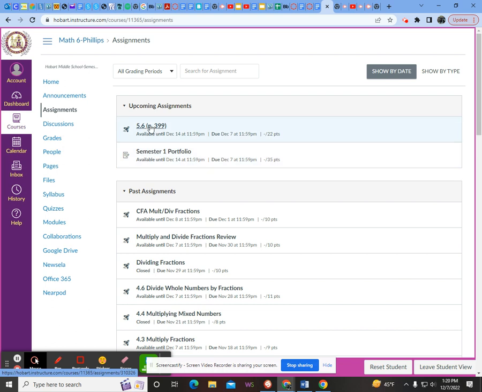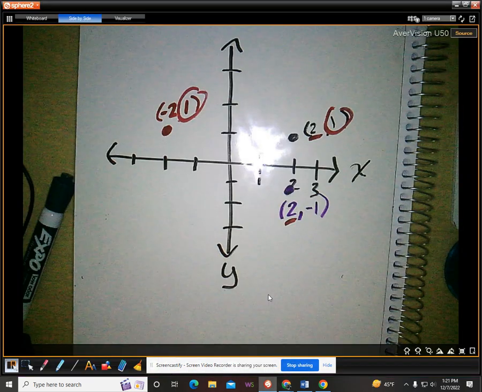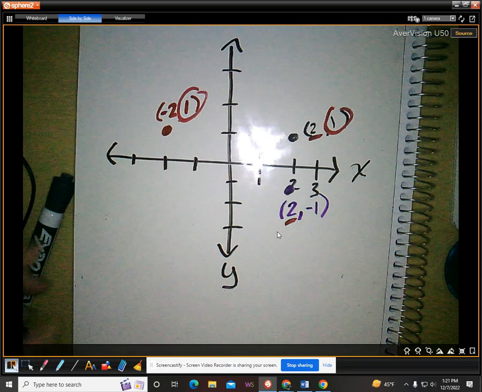Then the assignment you are doing today, you will have to look at your book because the actual graphs you need are in your textbook on page 399. But you are putting all your answers into this Canvas assignment. So a few things I want to point out.